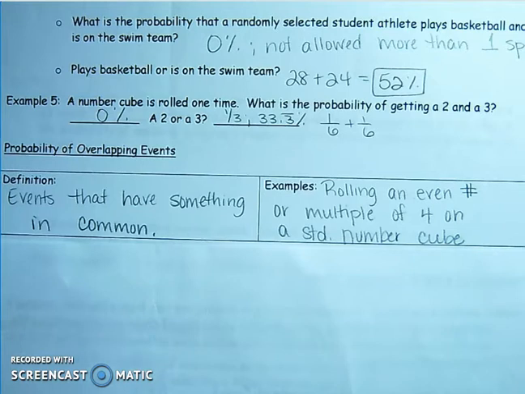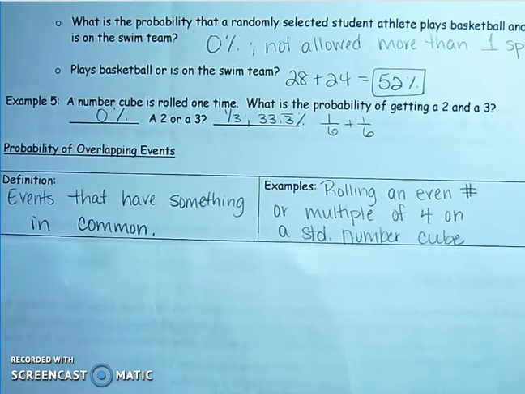An example is rolling an even number or a multiple of 4 on a number cube. The even numbers on a cube are 2, 4, and 6. The multiples of 4 are just 4. So if you are asked the probability of rolling an even number or a multiple of 4, you're counting the option of 4 twice, which is changing your probability a lot, and you're not allowed to do that.